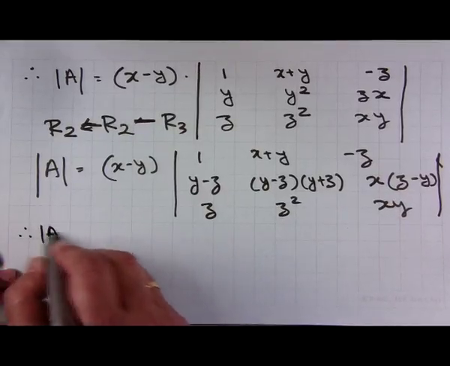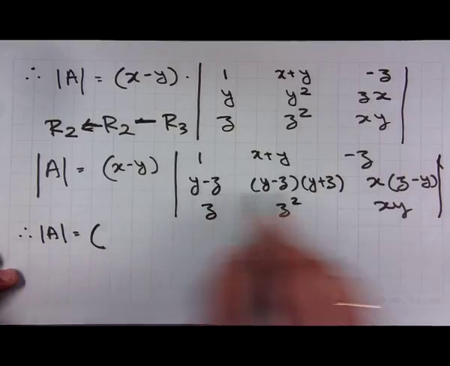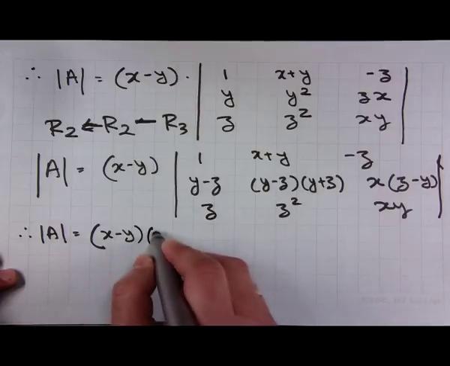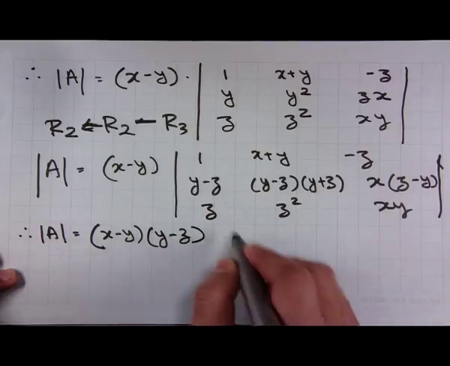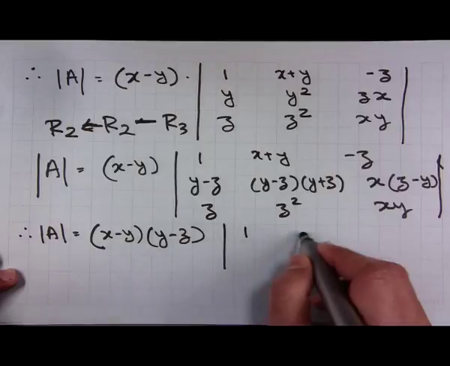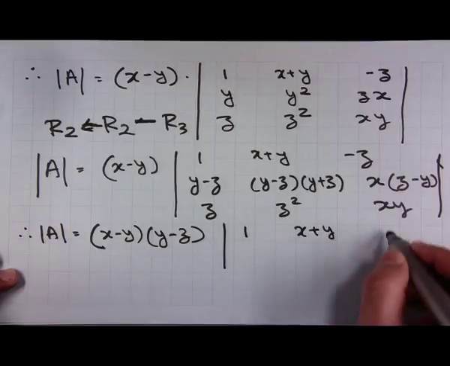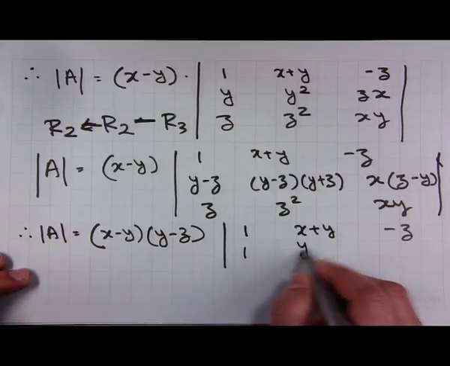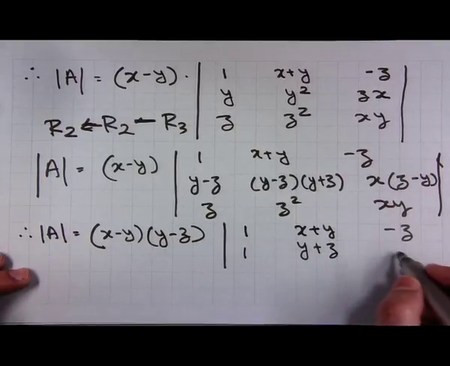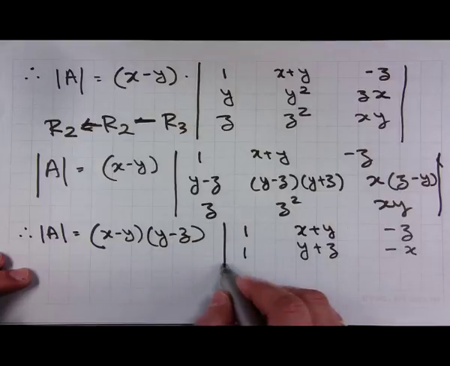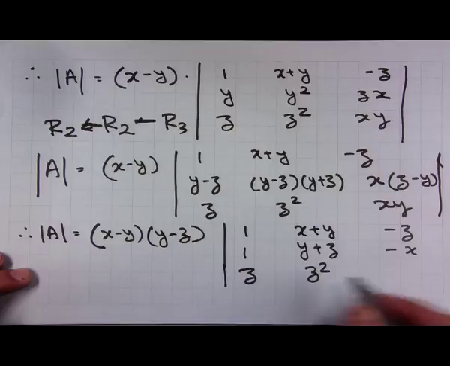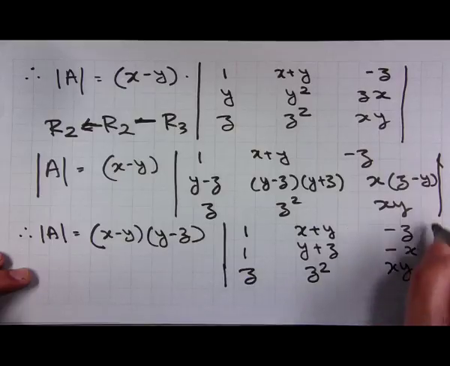Therefore, determinant of A is equal to, now I take y minus z from row 2 and we are left with 1 x plus y minus z, 1 y plus z minus x, z square xy.